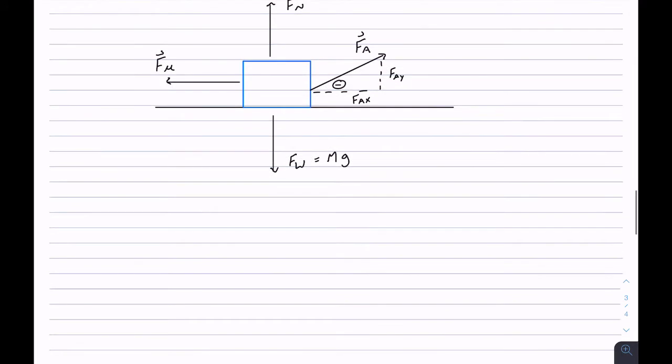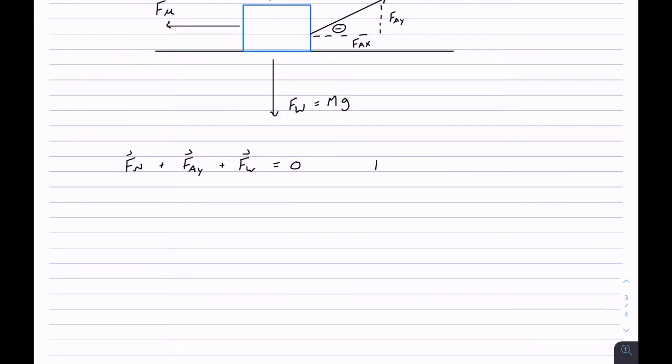So that means that we have F sub n plus Fay, the y component of the applied force, plus Fw. This is all going to be equal to 0. So that tells us that our resultant vector y component is equal to 0.